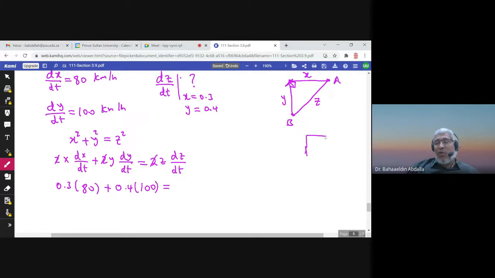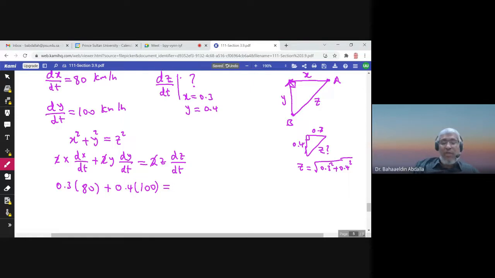Well, he said x is 0.3. So when x is 0.3 and y is 0.4, what would be z at that instant, at that time? Okay, so I use the calculator. What does the Pythagorean theorem say? It says that z is the square root of 0.3 squared plus 0.4 squared.